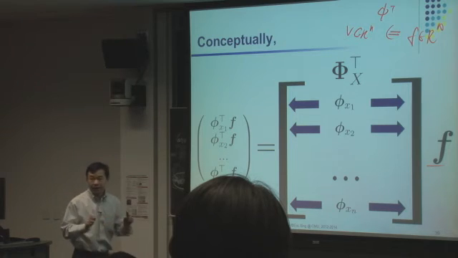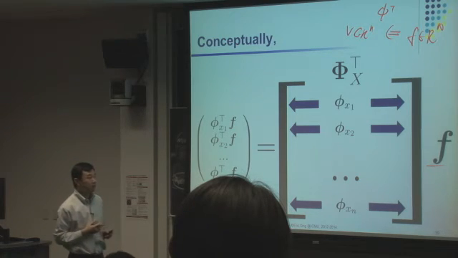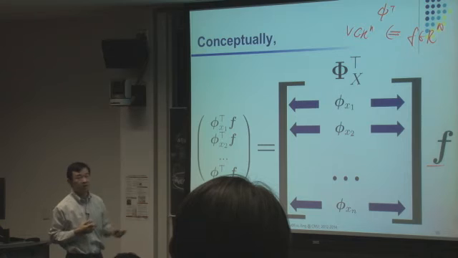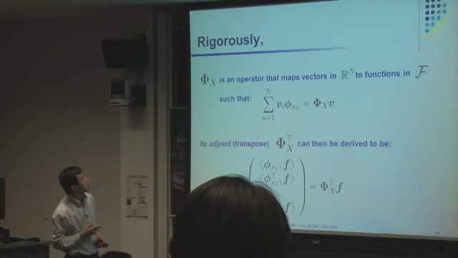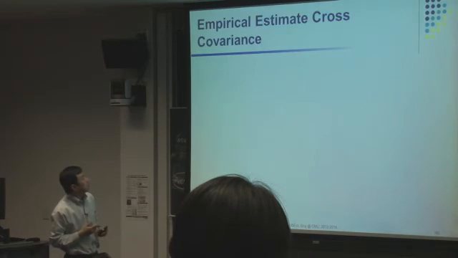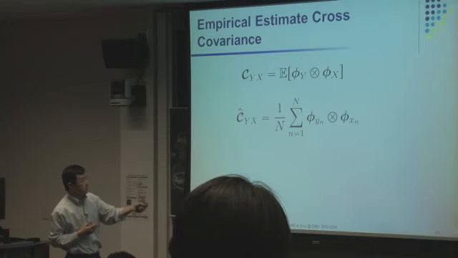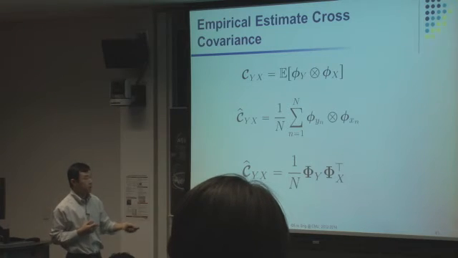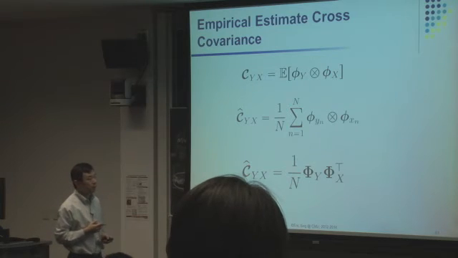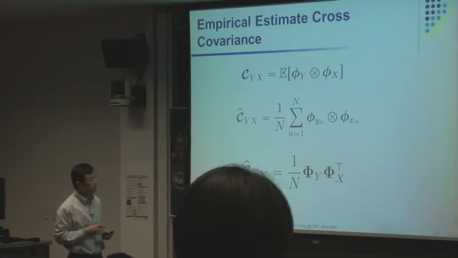So these are basically the forward and backward operations that can be induced by this phi operator. And so empirically, how this can be estimated is basically due to this definition of the outer product between two infinite dimensional matrices.